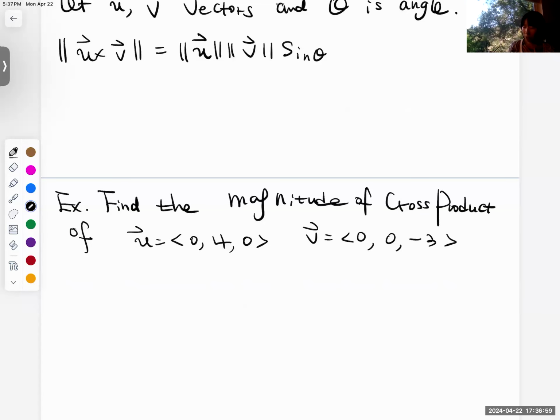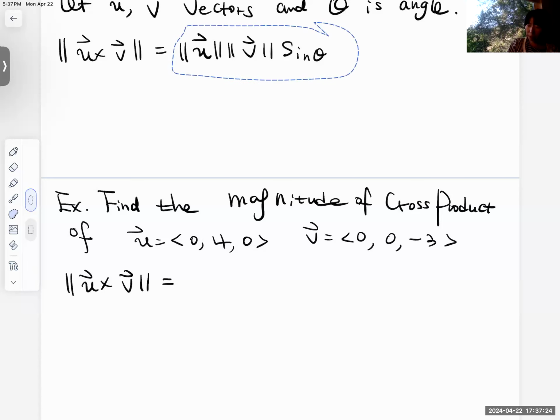Okay, now we want to find the magnitude of the cross product, right? Then there will be the magnitude of U cross V, which is that, right? I am using this formula.